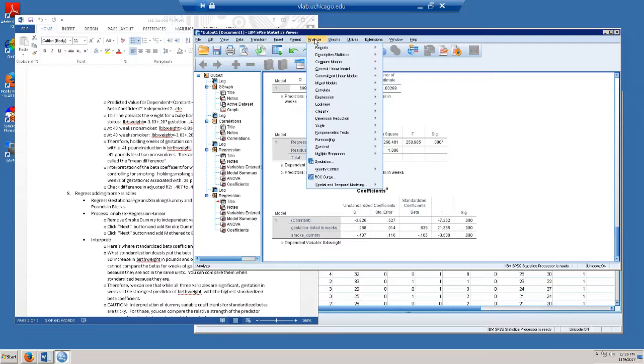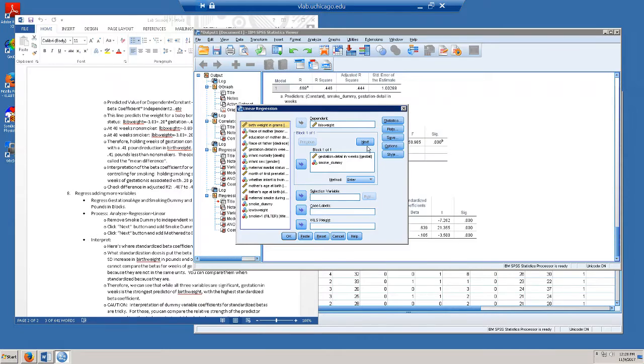So we're going to go to Analyze, Regression, Linear. We're going to take our smoke dummy out of the first block and then click Next. Then we're going to add our smoke dummy there. Click Next, and we're going to have a third block where we put in mother's education. Does everybody see where you can change those blocks? Okay.